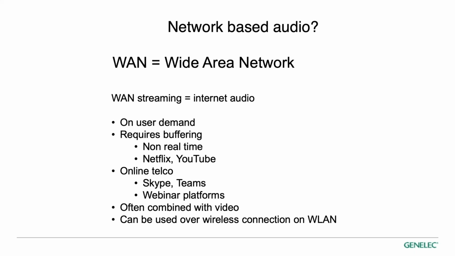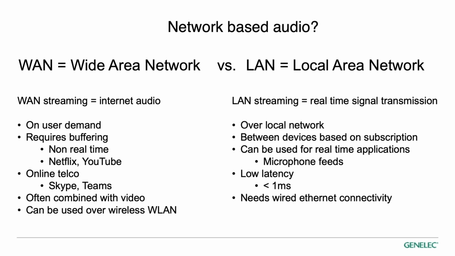But if we want to use real-time audio on a network, we have to do it on a local area network, LAN. And streaming on a local area network is enabling us to do real-time signal transmission. That happens over a local network. It is traffic between devices on that local network, and it's based on a subscription.